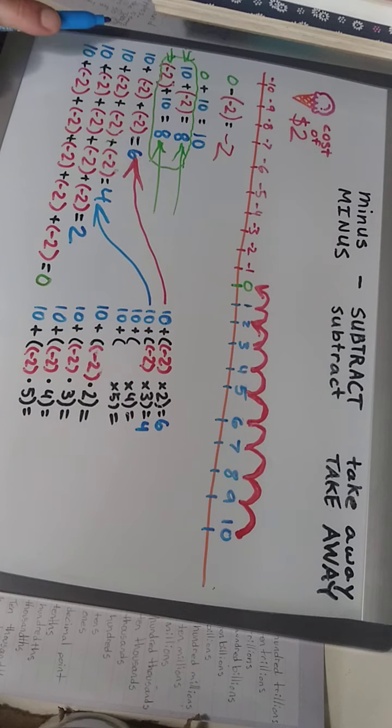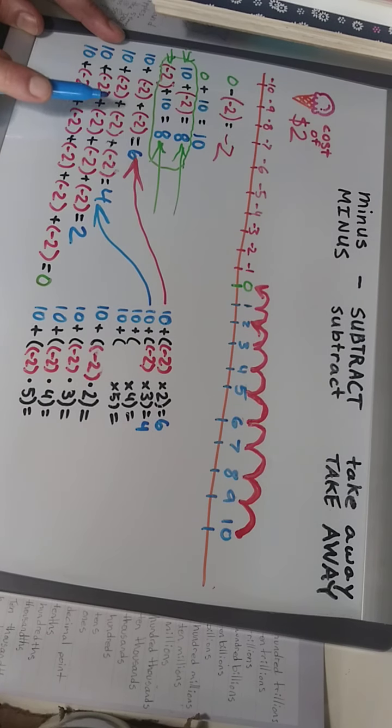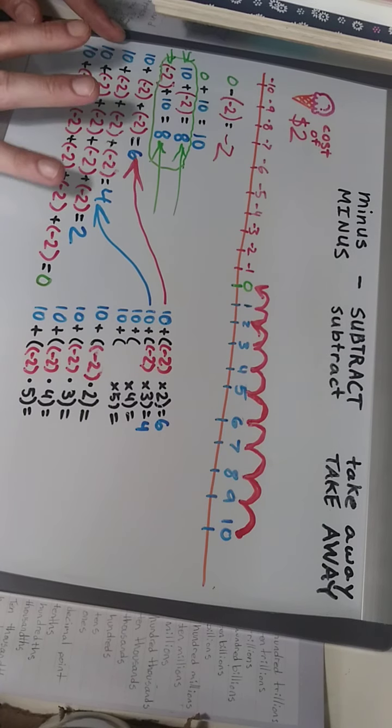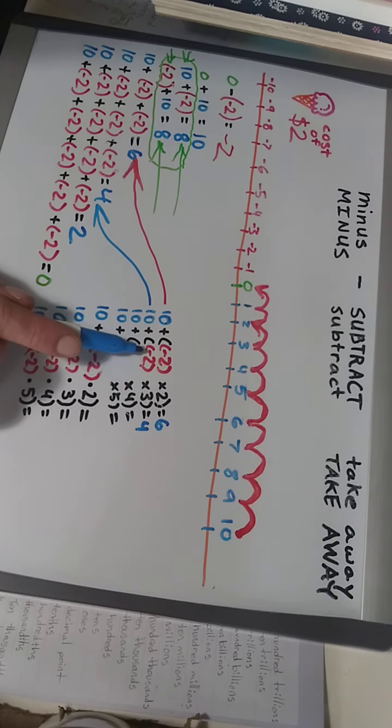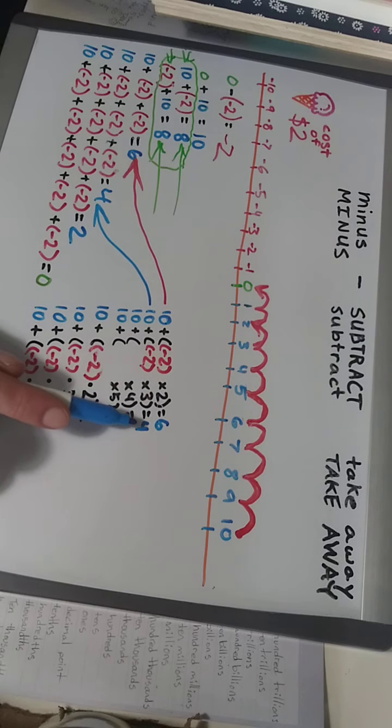So 10 plus negative 2 plus negative 2 plus negative 2, that's 3 times. 10 plus negative 2, 3 times, is 4.